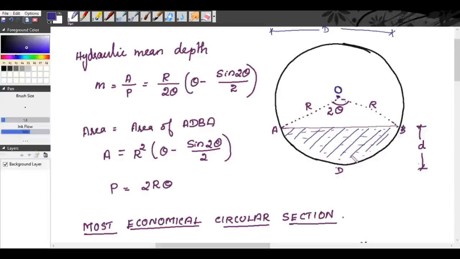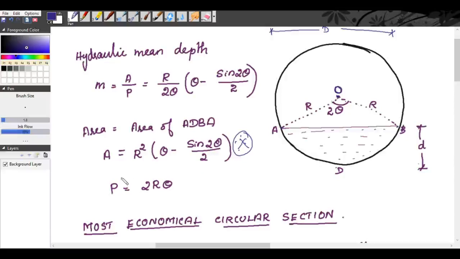There is a derivation, so I am giving only you the important results. So, area will be equal to R square into theta minus sine 2 theta by 2. You have to remember this. Area is equal to R square into theta minus sine 2 theta by 2.